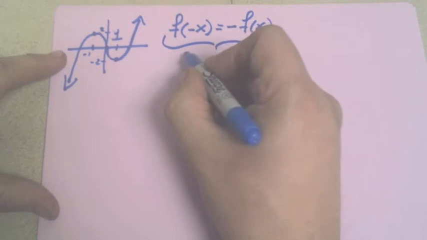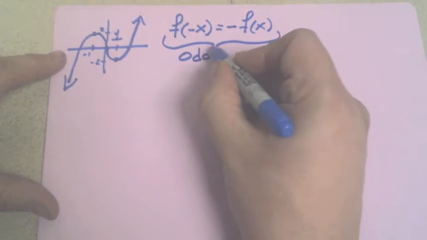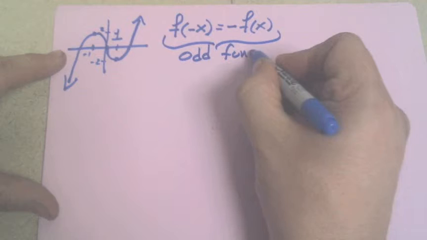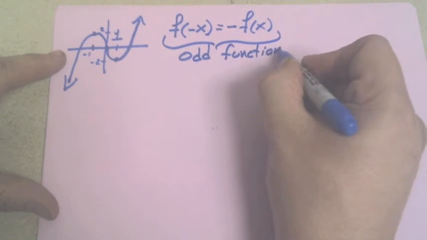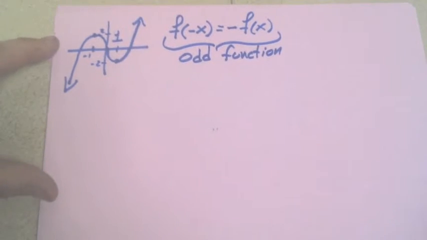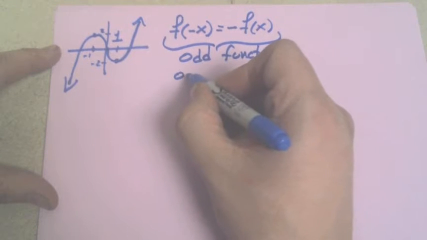When this happens, it's called an odd function. And again, we'll talk a little bit about why in a second. Sometimes it's called origin symmetry.